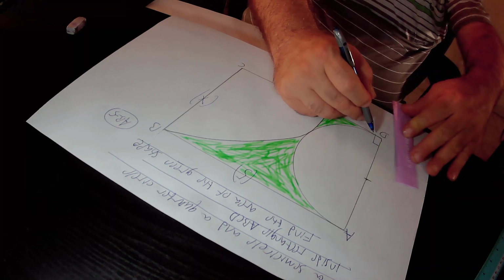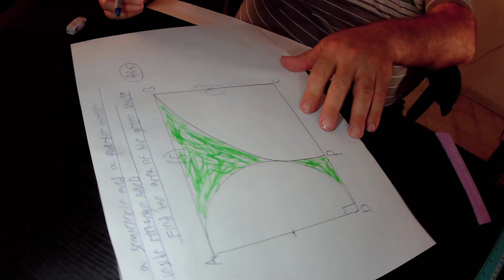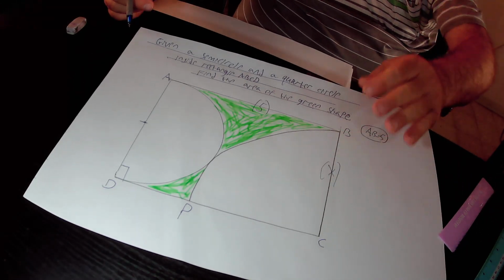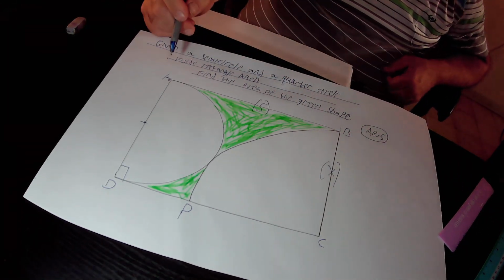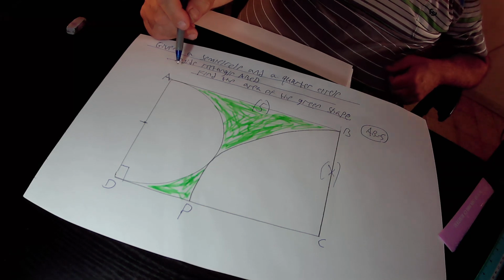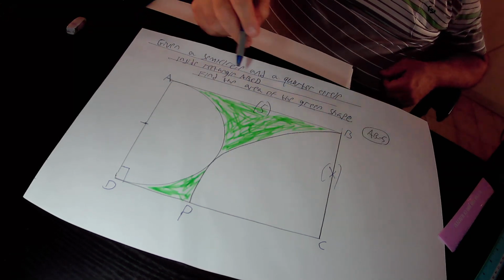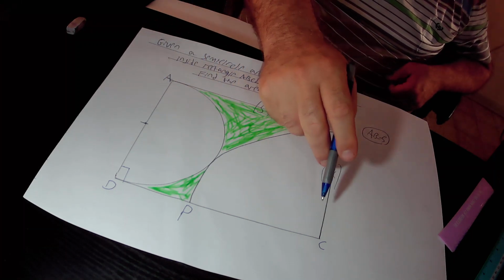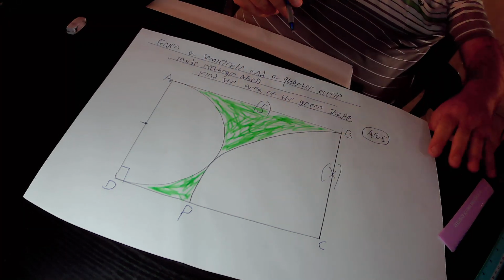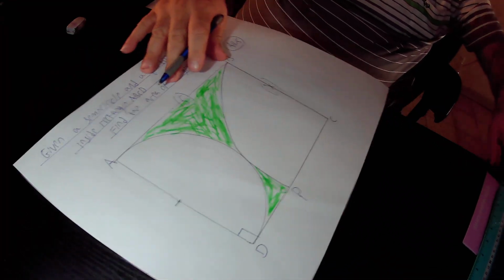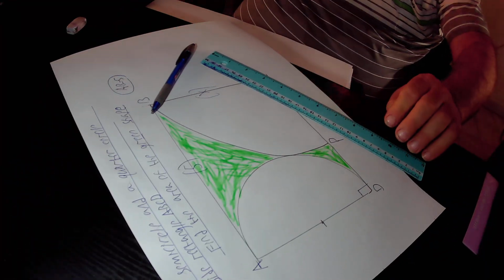In addition, we also know that the opposite sides of a rectangle are equal to each other. So in rectangle ABCD, side AB equals the opposite side DC. But AB is 5, therefore DC must also equal 5 units in its length.